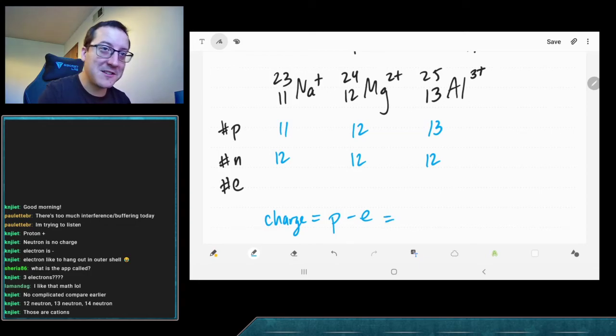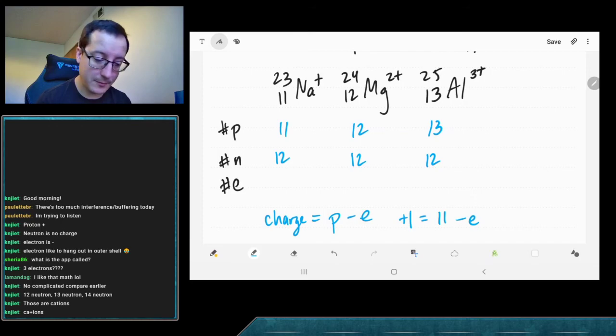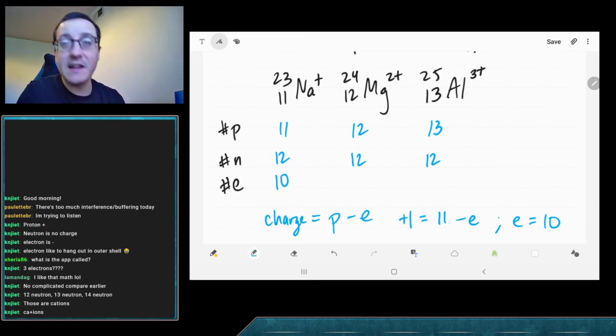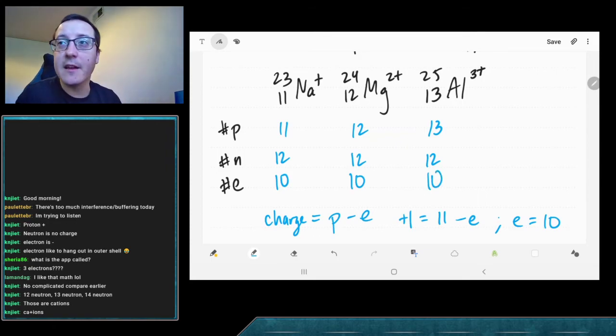Yes, we are going to get the vocab on those. So we have a charge of +1 equals 11 protons minus electrons. And therefore, electrons is 10 in this case. And if you do the math, we're going to see that all of these guys have 10 electrons.